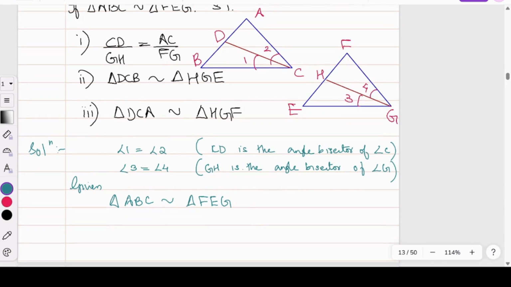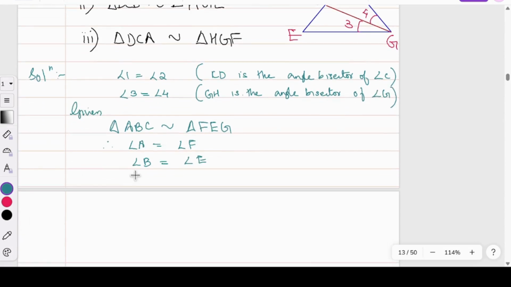So, angle A equal to angle F, angle B equal to angle E, and angle ACB equal to angle FGE.